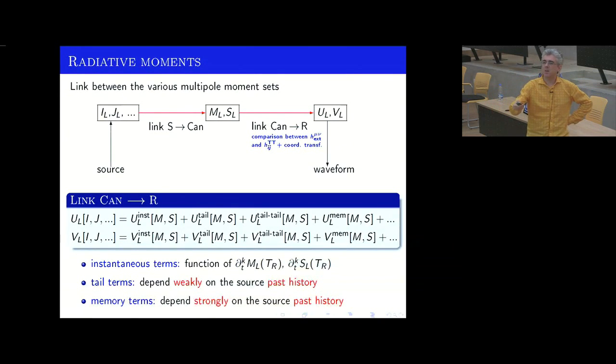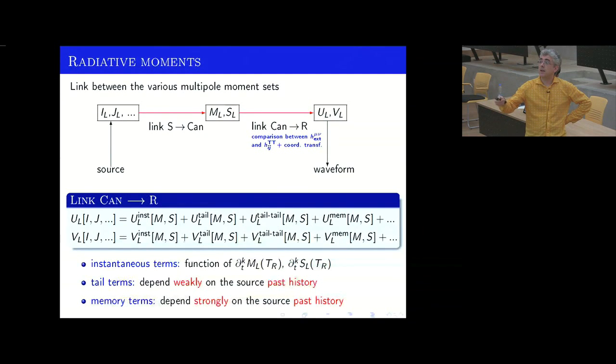So those radiative moments, once we have computed them, we see that they decompose in the following way. There will be an instantaneous part. This is made of terms which have this aspect. They are derivatives with respect to time of multipole moments evaluated at retarded time, and in fact, products of such terms appear in the instantaneous part.